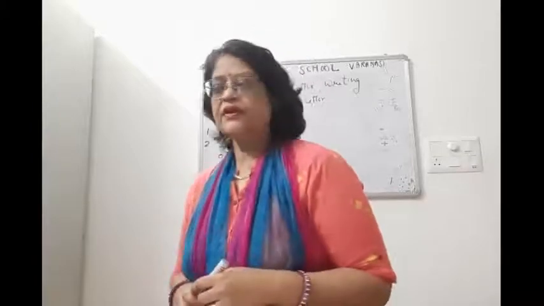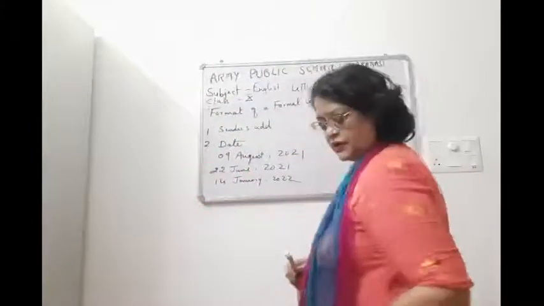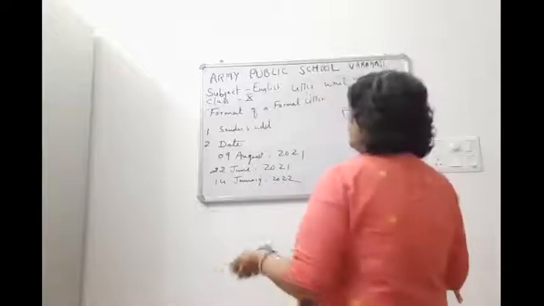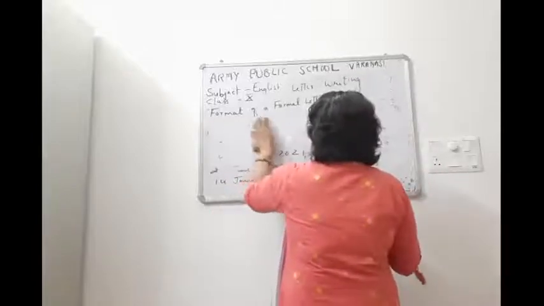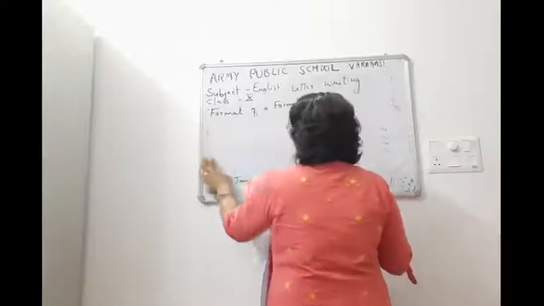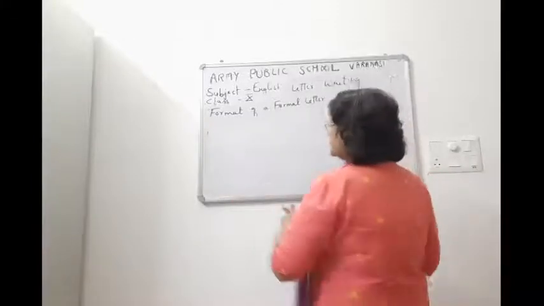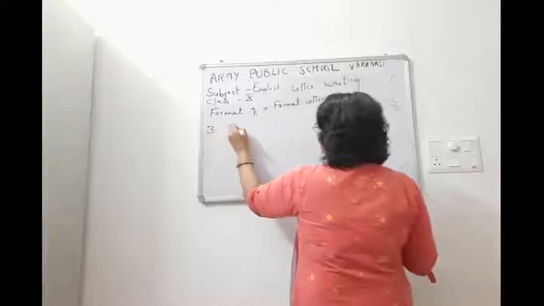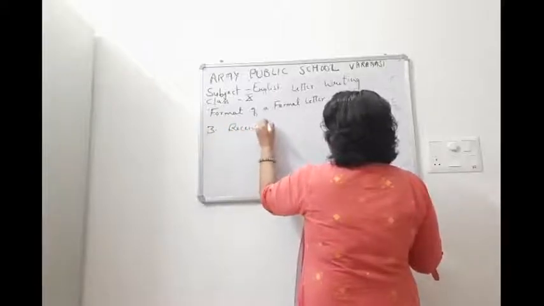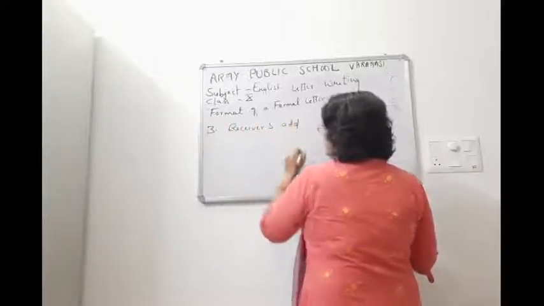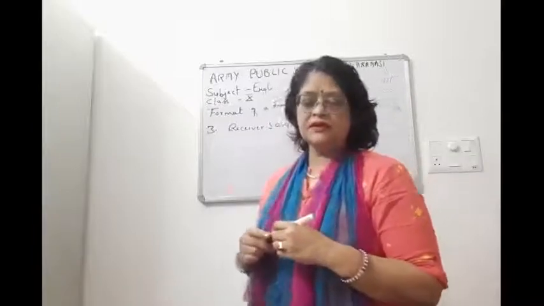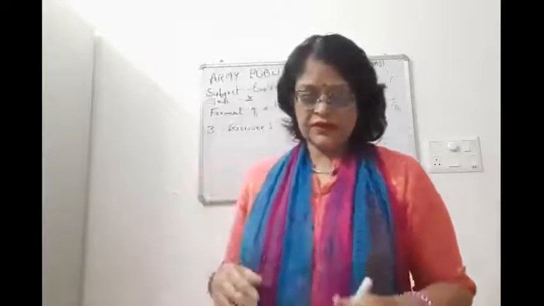Then children, you have to write. Third is the most important thing. You have to write here, children, receiver address. Okay, this is very, very tough. Here you have to think.